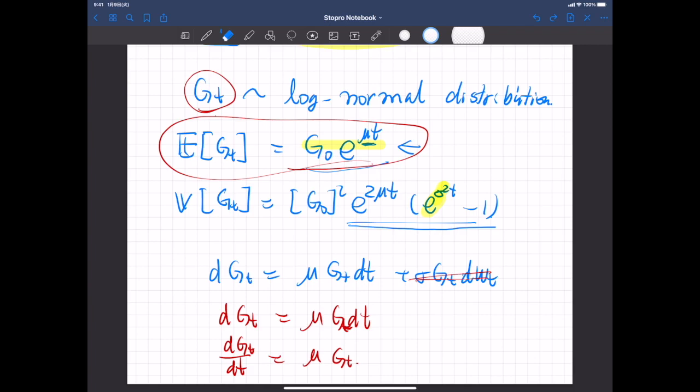So on average, it still grows exponentially, but if you look at individual realizations of this Brownian motion, then it will have a diverse set of possible paths. So many of them will end up not growing at all, or growing very little compared to this exponential growth. Okay, so that's the effect of the noise arising from the Wiener process.